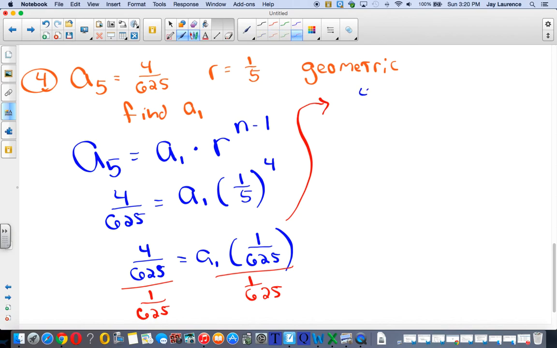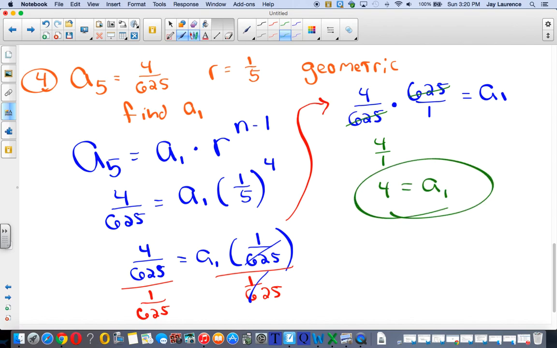And so I'm going to have 4 over 625 times the reciprocal, which would be 625 over 1, and that will be equal to a sub 1 because these will cancel out. Now, this is where Wonder Woman is super friendly. Watch this. Boom, boom. They're gone. I've got 4 over 1, which is better said as 4, and a sub 1 must be 4. These are cake problems, especially since you're allowed to use a calculator.